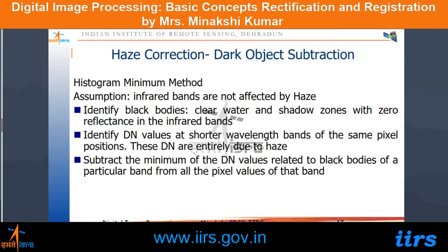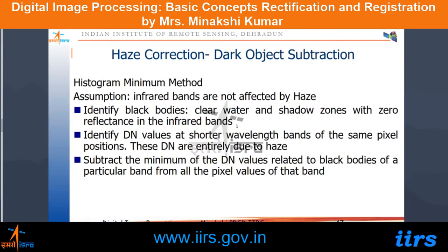The second method is dark object subtraction, where we assume that the infrared band is not affected by haze. In those infrared bands, we identify black bodies. By black bodies, I mean objects where there is no scattering, like clear water and shadows, which totally absorb and there is no reflectance.